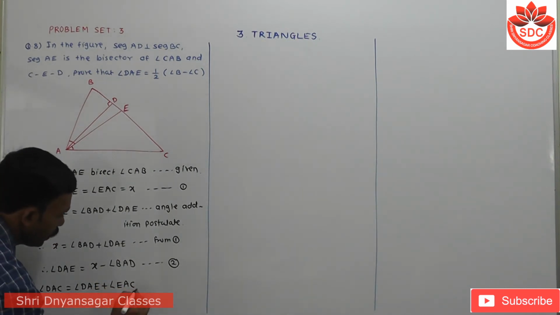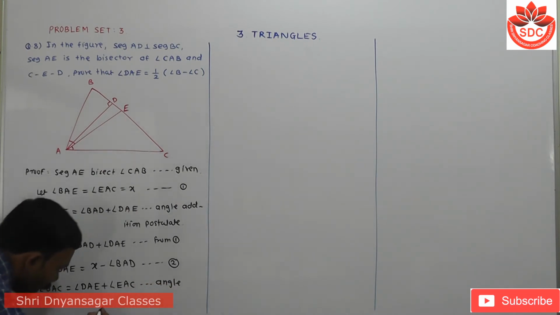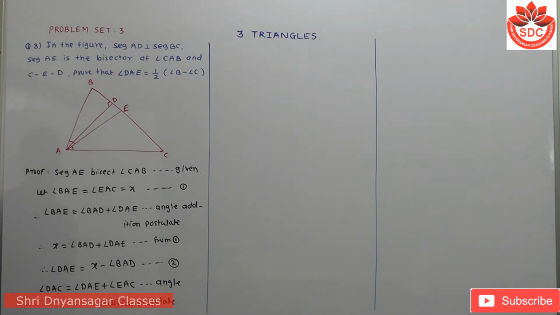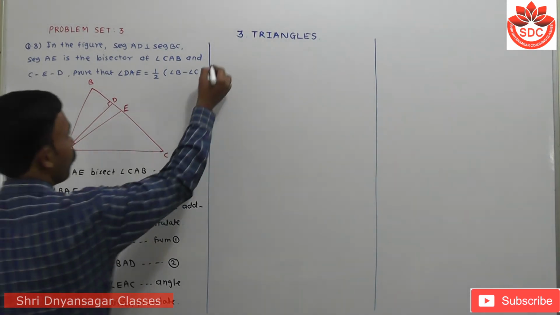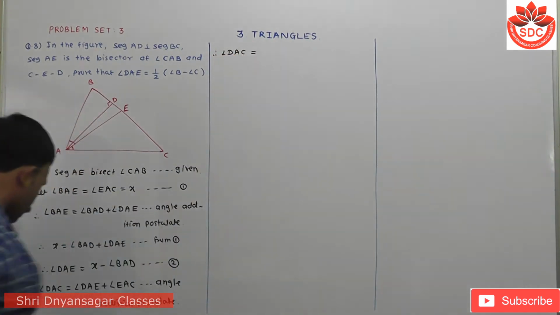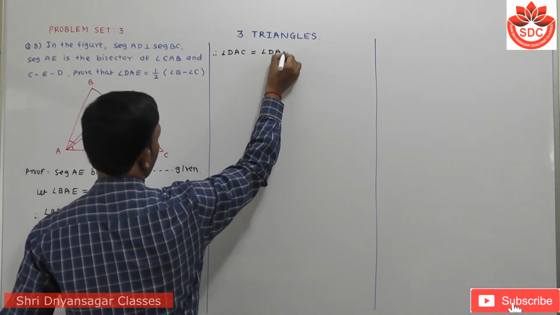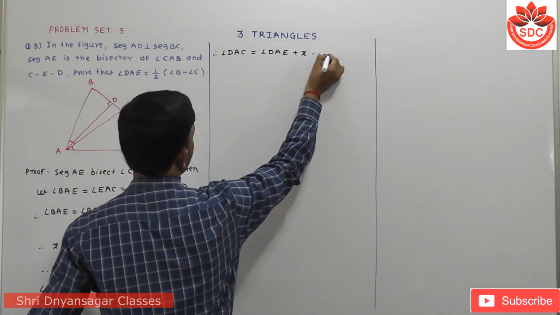EAC. The reason is that again by using angle addition postulate. Then again from first I have to substitute the value of EAC is x here. Therefore angle DAC is equals to angle DAE plus x from first.